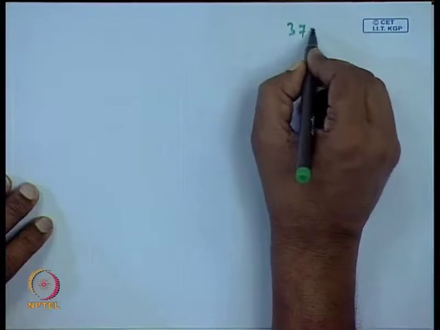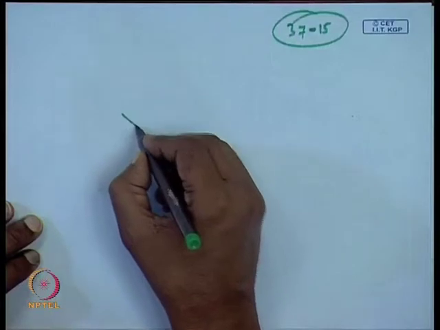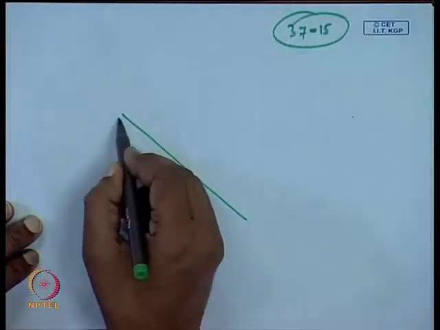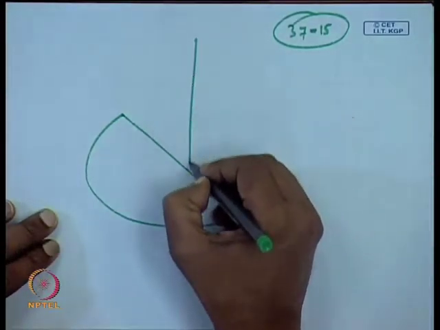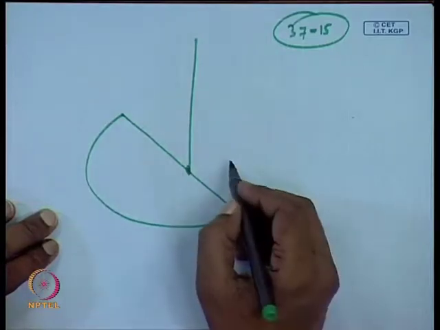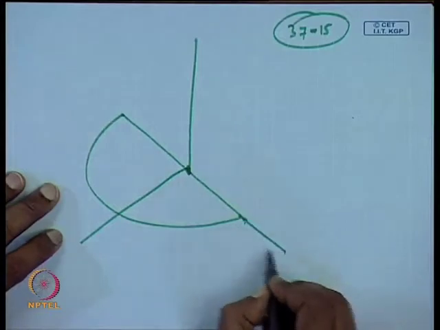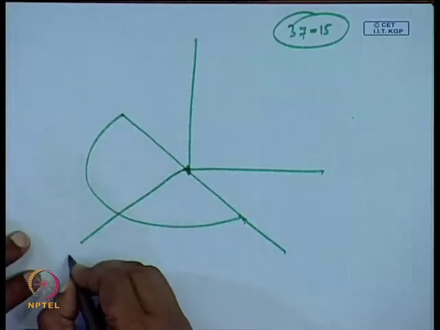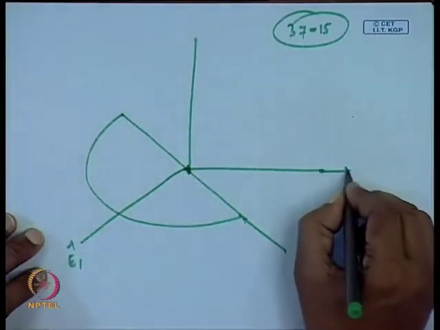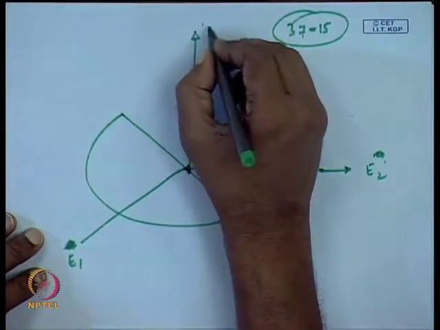This figure is not very good. So, this is E1 and this is the direction E2, this is the direction E3.